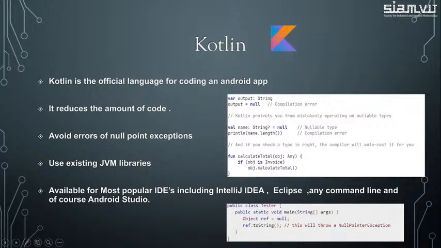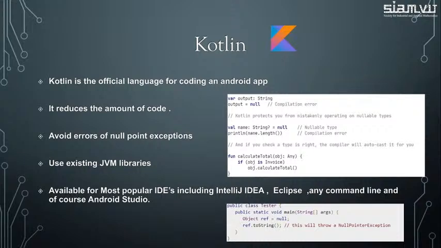Another thing that Kotlin has the ability to do is include all the Java Virtual Machine libraries. That is the full form of JVM. Pretty much everything which is supported by Java is also supported by Kotlin. So you can do almost anything that Java can do in Kotlin, and that also makes Kotlin a very efficient programming language, right?